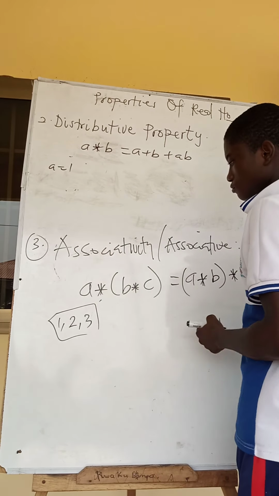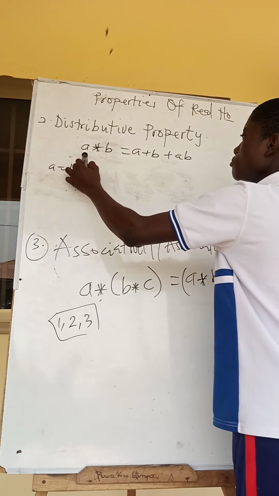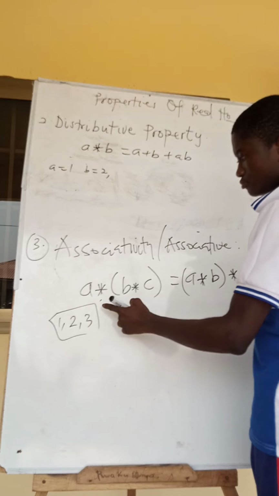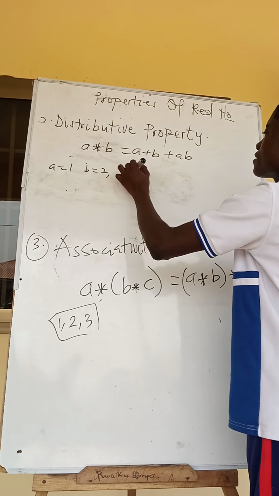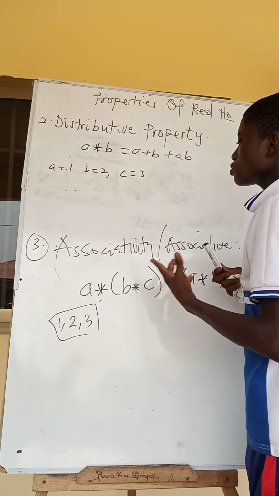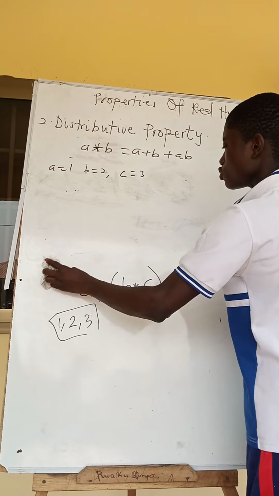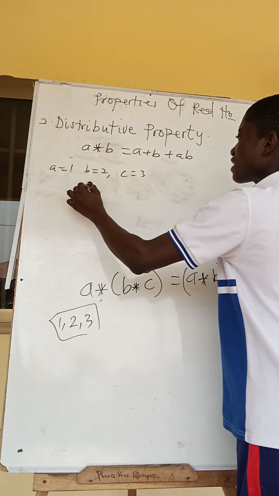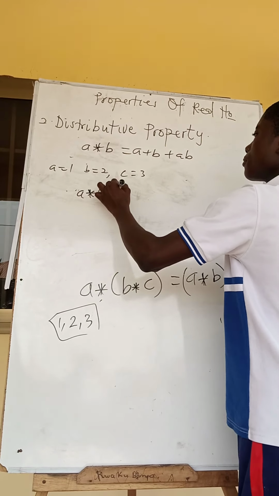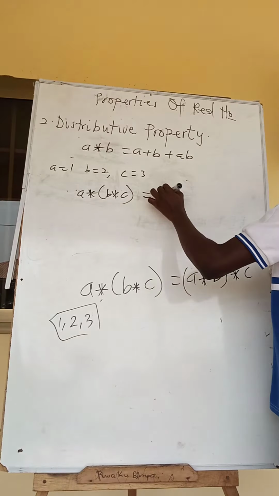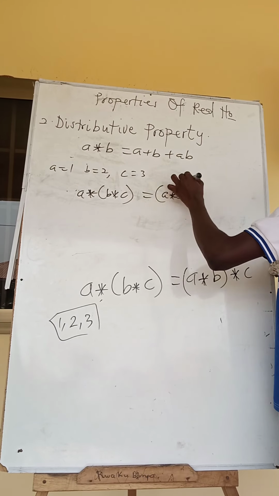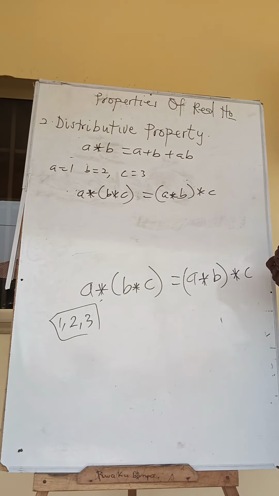A is 1, B is 2, C is what? 3, right? So we want to see whether they are associative or not. But don't forget what I told you about associativity. That if you get A star B star C, it should be equal to A star B star C with the brackets placed differently. Good.